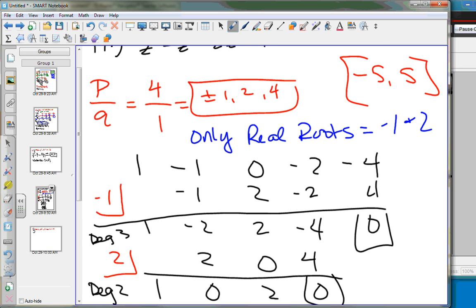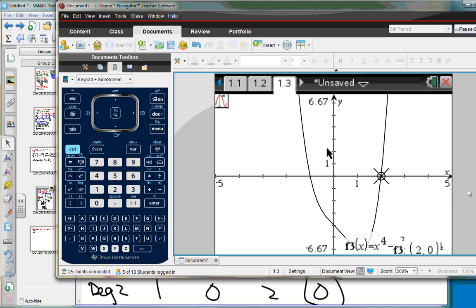Because it's asked for all the real roots. The other two remaining roots have to be what? Imaginary. I can get all of this information from my graph. Do we get that, yes or no? If you can't get all the information from the graph, then you are forced to do synthetic division to make sure that you're correct. Do we understand that?